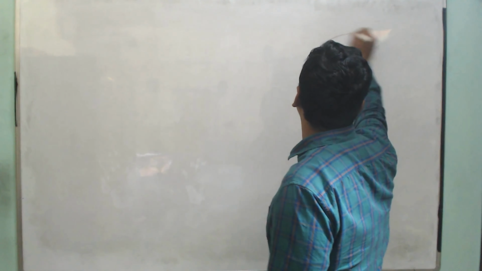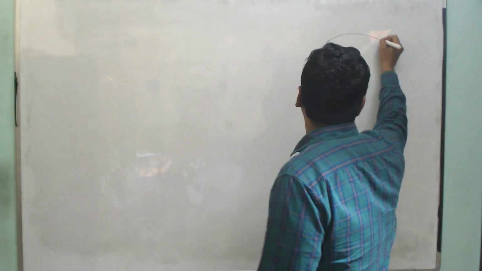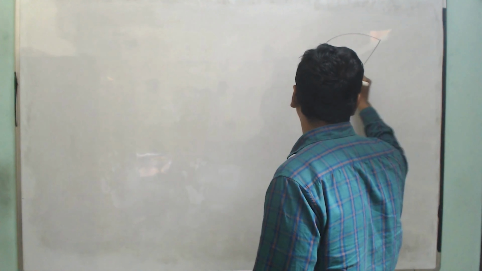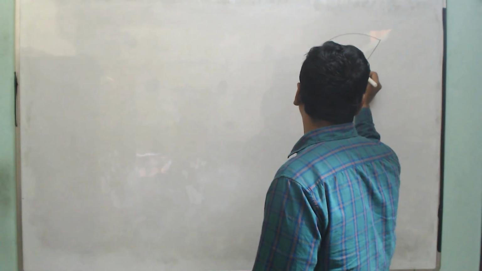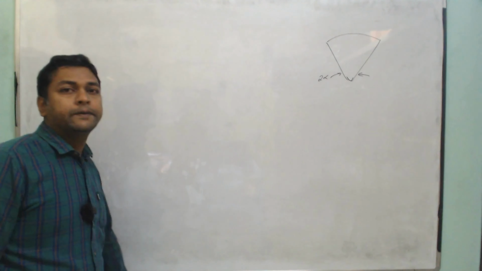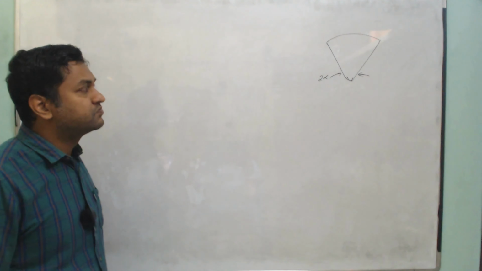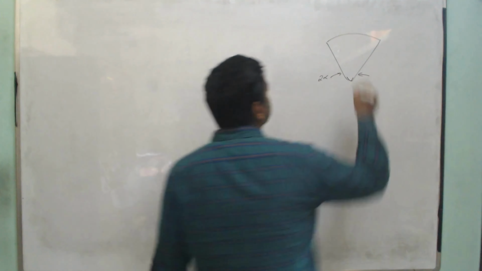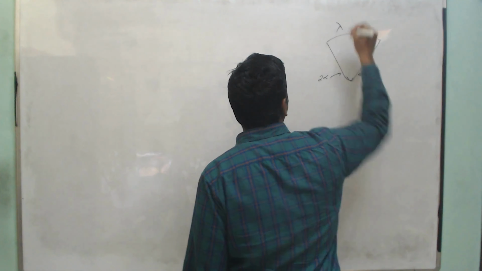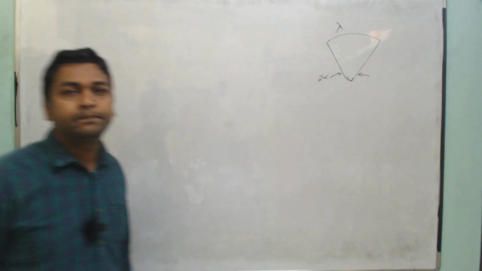First, we have yesterday's derivation. We had let the arc subtend an angle 2 alpha at the center, right? And let the wire have a charge per unit length lambda.